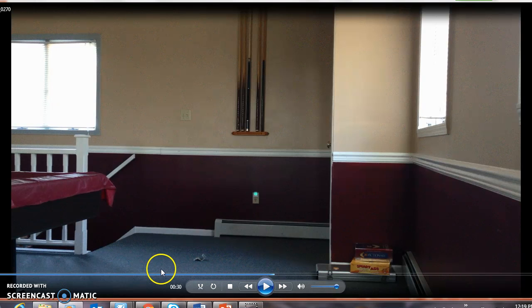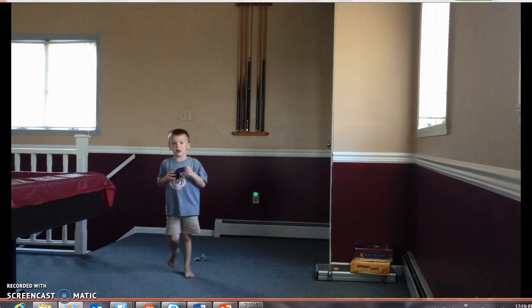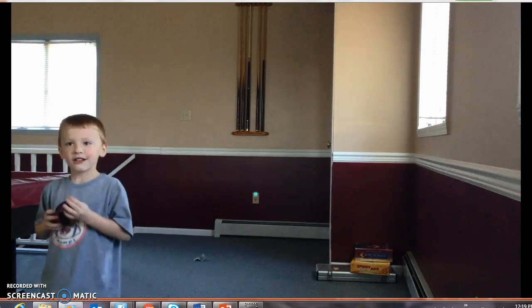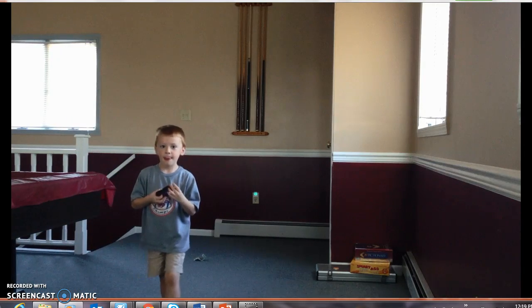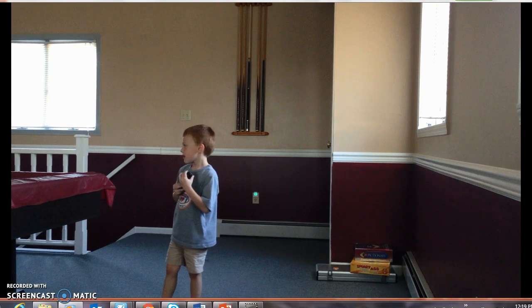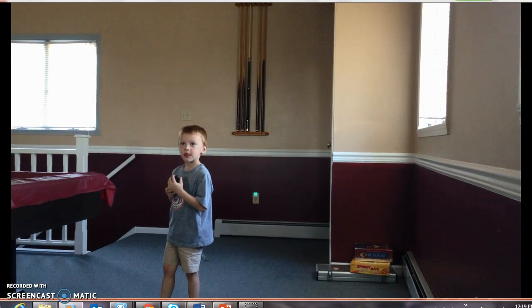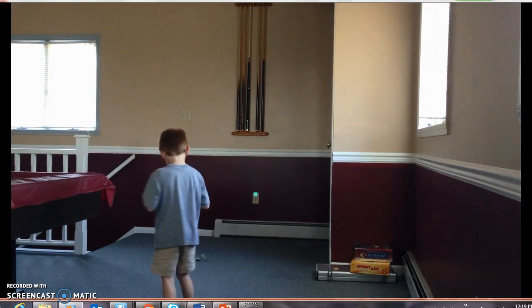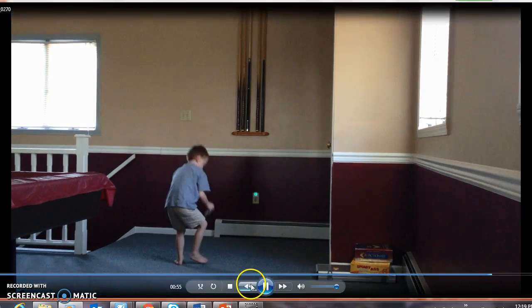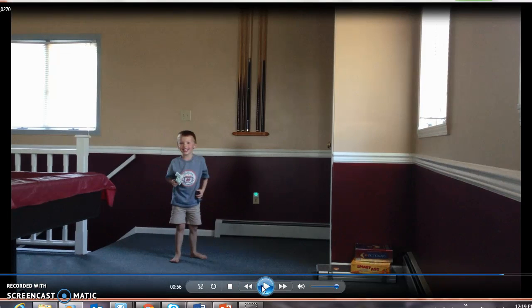Right here you see there's the $1 bill, and my son's about to come up these stairs. So let's see what happens.